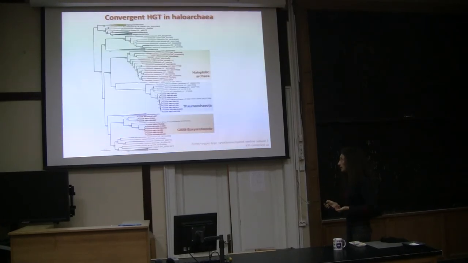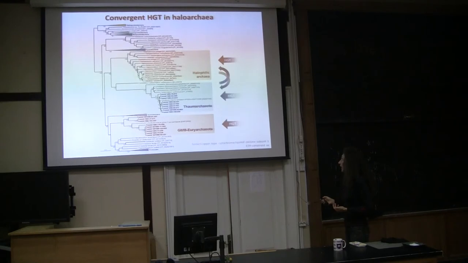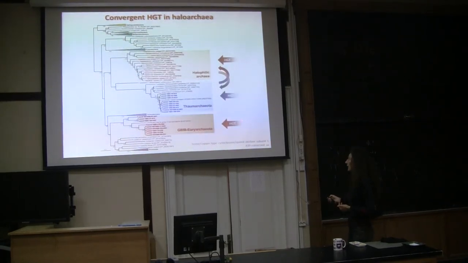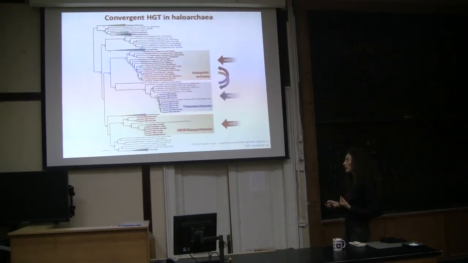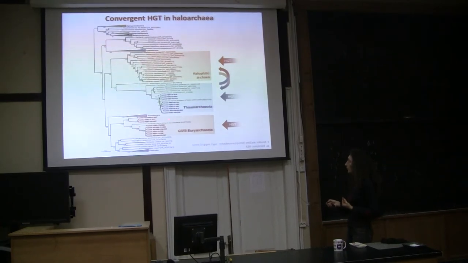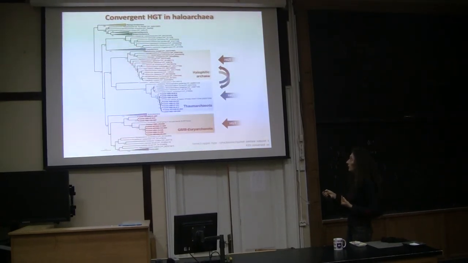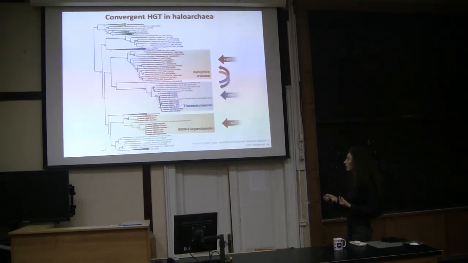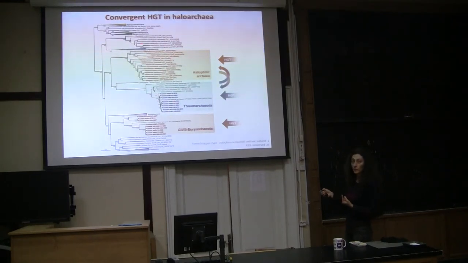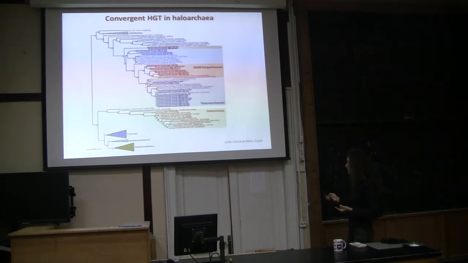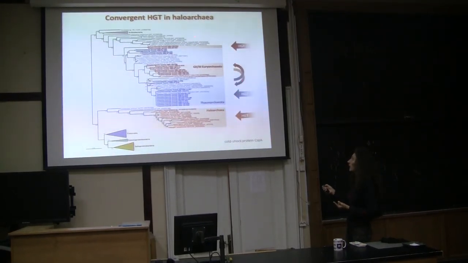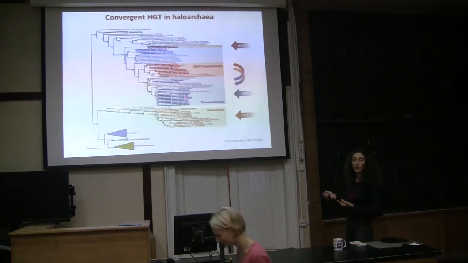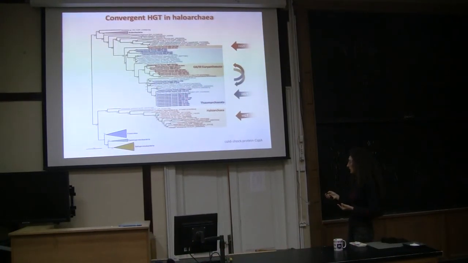We have also detected cases like this one, where you have two independent acquisitions from bacteria of the same gene by one group of archaea, in this case halophiles or Thaumarchaeota, and then internal transfer within archaea. And here you have the opposite case, with one transfer to, in this case, haloarchaea, and either to Euryarchaeota or Thaumarchaeota, and transfer between the two groups.